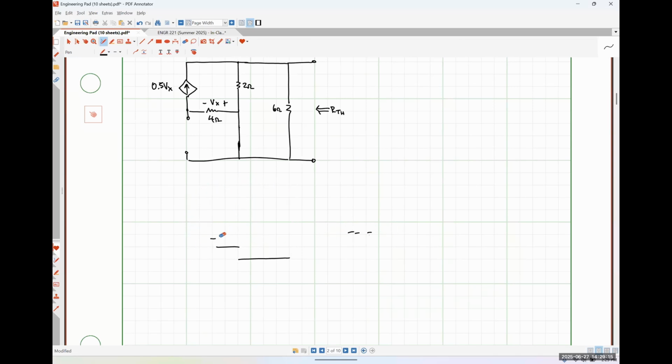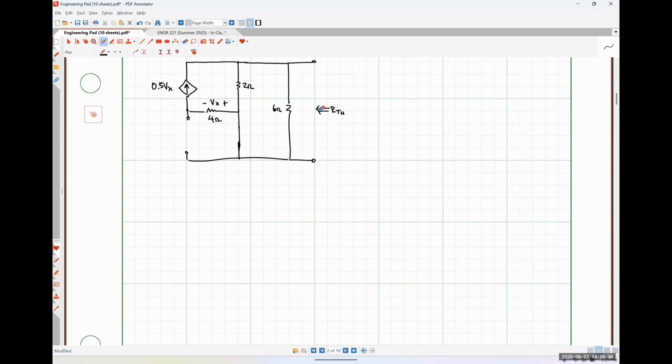What I'm going to show you now is what's commonly referred to as the test source method for determining the Thevenin resistance of a network. You can absolutely use this method if there aren't dependent sources, but it's usually easier to just do resistor combination techniques.